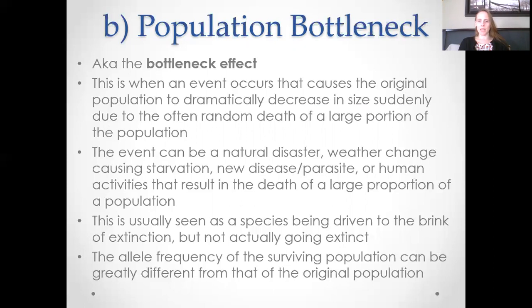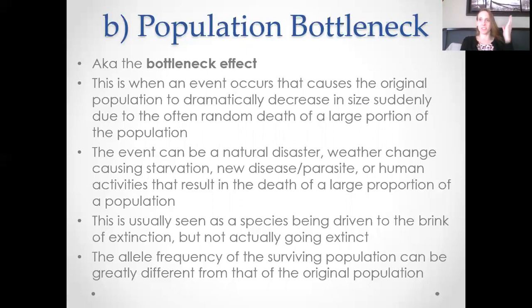It could be a weather change that causes mass starvation. It might be a new disease or parasite. It might be that humans came in and bulldozed your habitat. Something really huge happened and most of your population didn't survive. But it's random who in your population didn't survive. It was just pure good luck and nothing that you did if you survived.